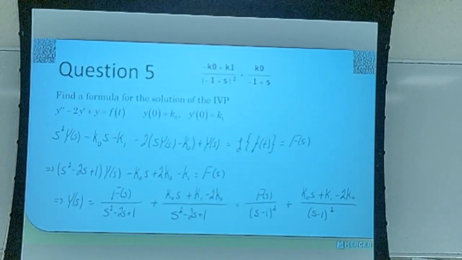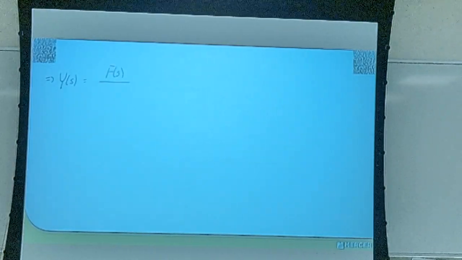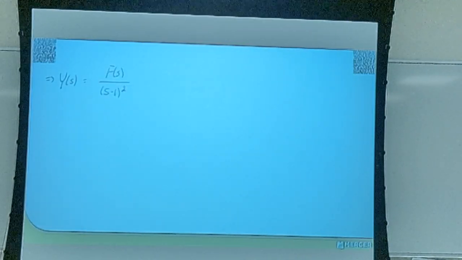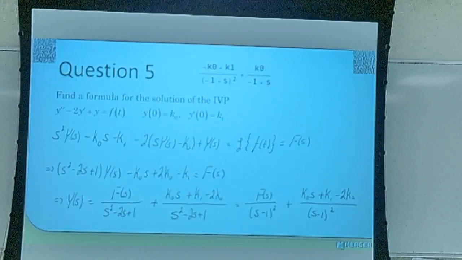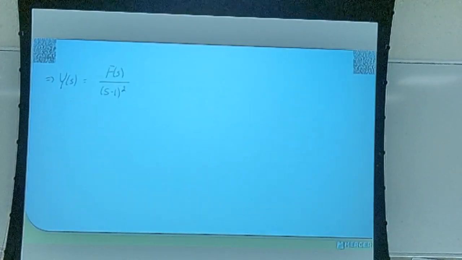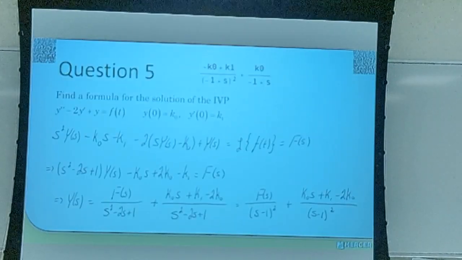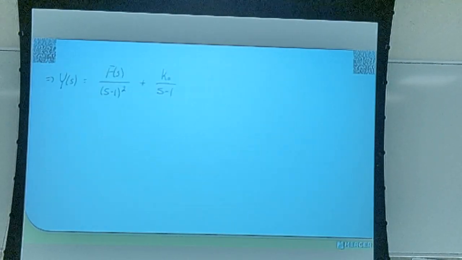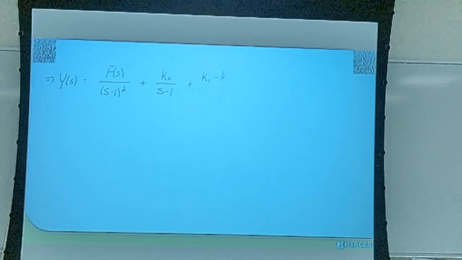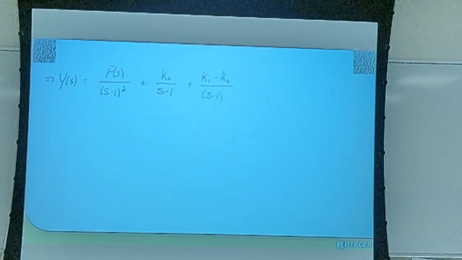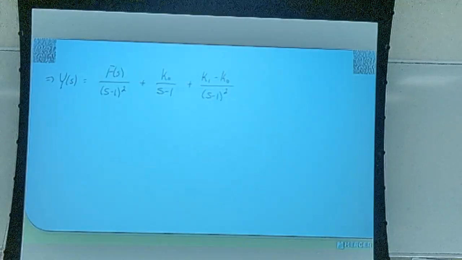With that, that will allow us to write Y of s as big F of s over s minus 1 squared plus k naught over s minus 1 plus K1 minus K naught over S minus 1 squared.